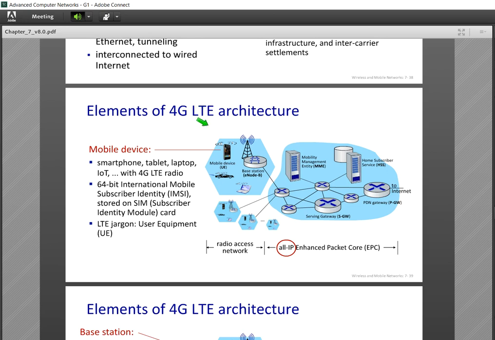The first and main element is my mobile device: a smartphone, a tablet, a laptop, or any other device that I can connect to a 4G or LTE infrastructure.